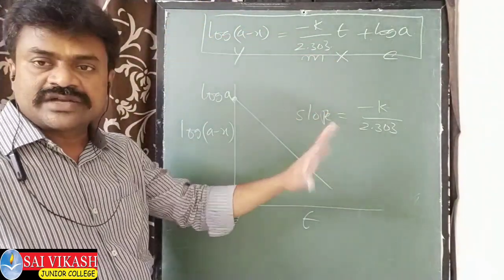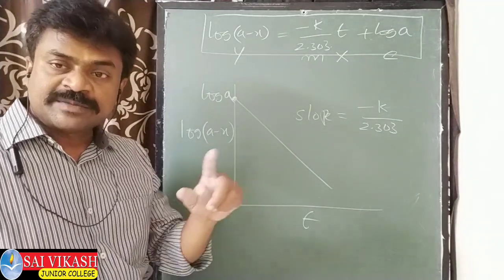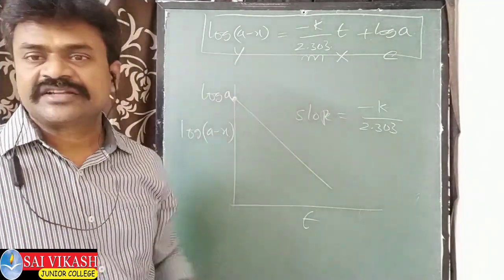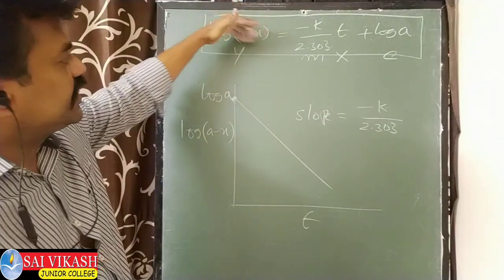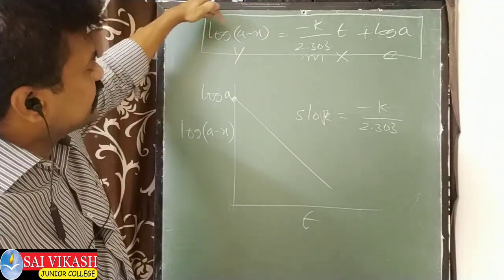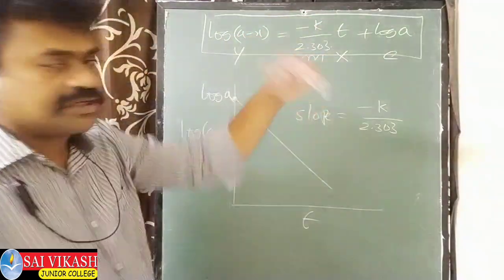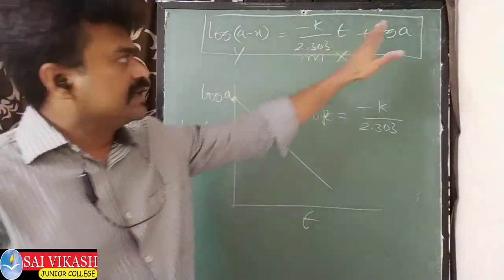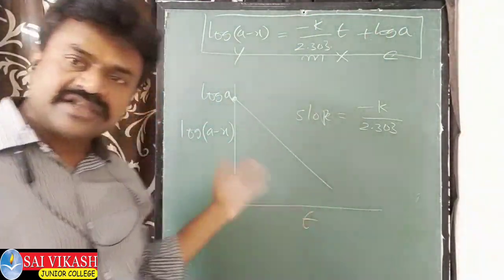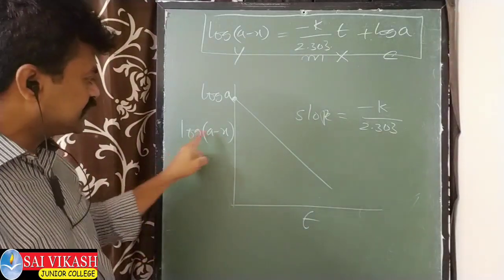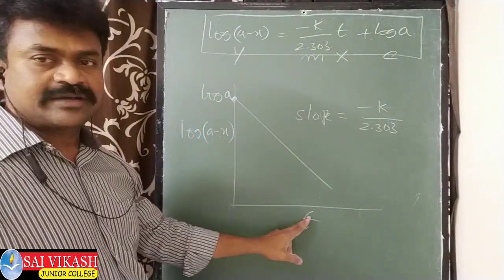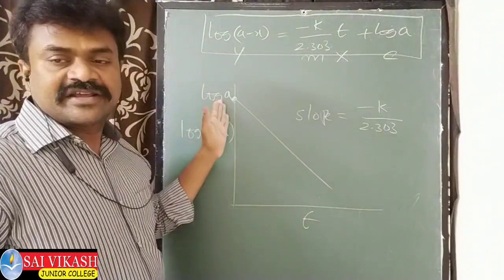Like this way also graphs they will ask. Suppose they may ask in natural logarithm also. We can write ln a minus x is equal to minus kt, and the 2.303 is removed, with ln a as the intercept. Then the graph is also same, but here ln of a minus x versus time will come. So here ln a will come.